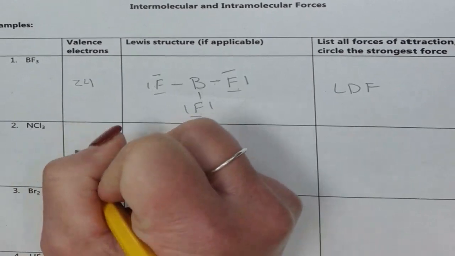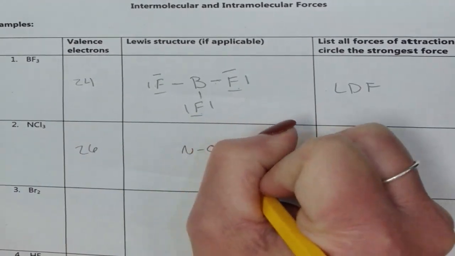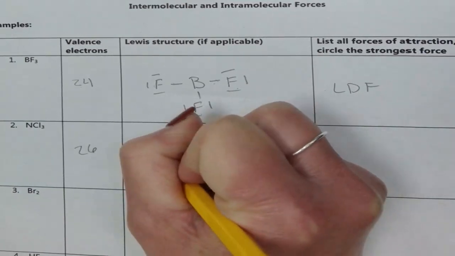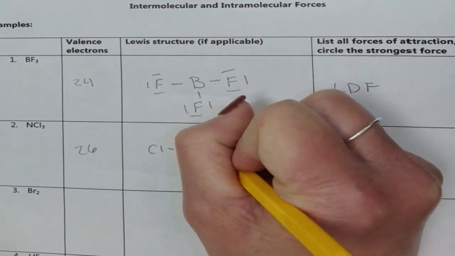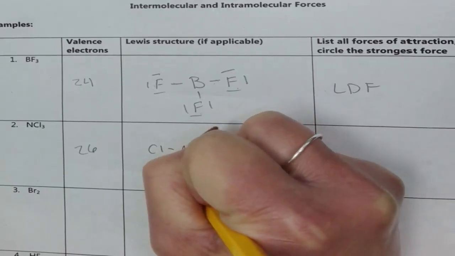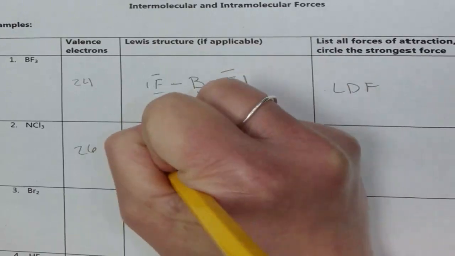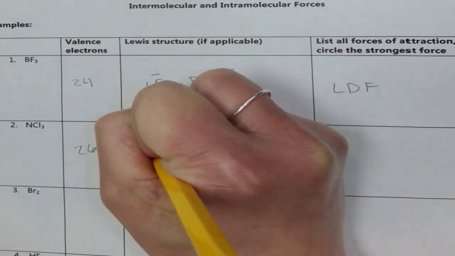All right, NCl3 has 26 valence electrons. So when I draw NCl3, I'm going to use dots here because sometimes the line that I drew up here to simplify gets a little tricky when you have chlorine.